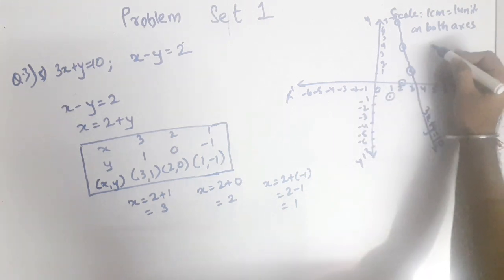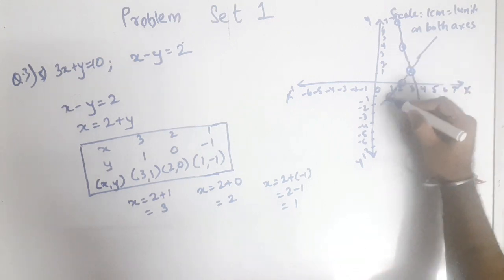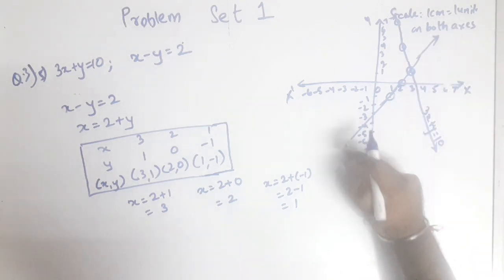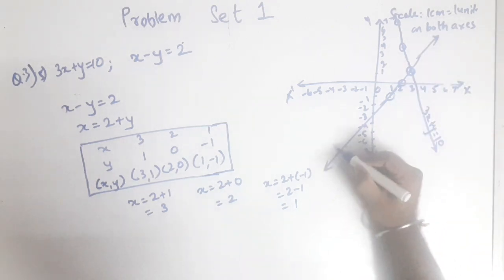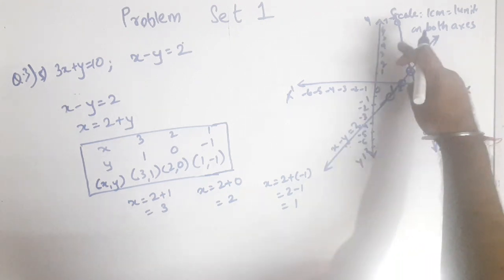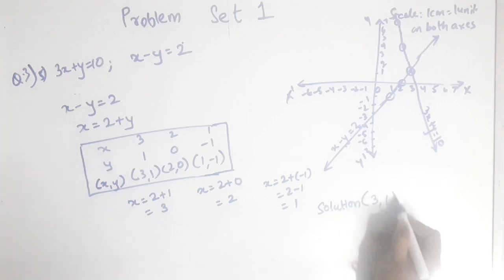Then you have this as the equation. As soon as you draw this, you will write the equation x minus y equals 2, and you can see the point of intersection is 3 comma 1. So you will write the solution is 3 comma 1. With this we complete our question number 5.